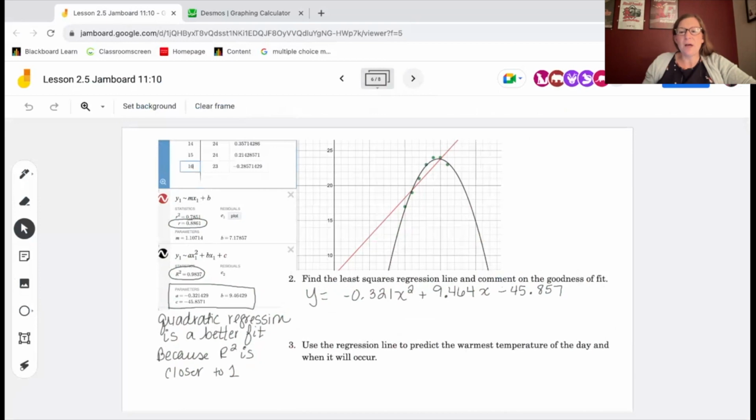Use our regression line to predict the warmest temperature and when that time of day will be. So if we're the warmest, if we're thinking that our y values are representing the temperature, the highest point is going to be our vertex.